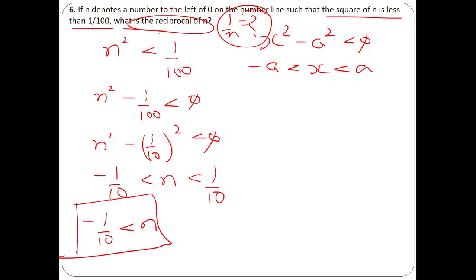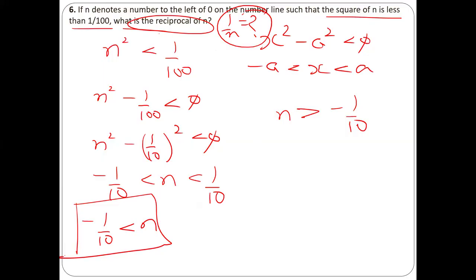Now, from this, notice minus 1 by 10 is lesser than n, which means n is greater than minus 1 by 10. Correct? What can I do now? How do I proceed from here?